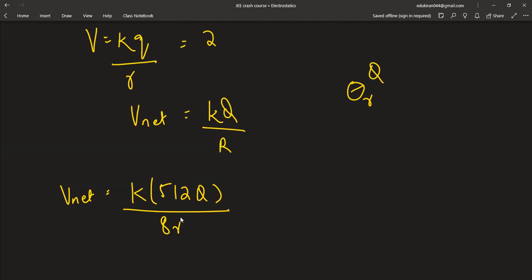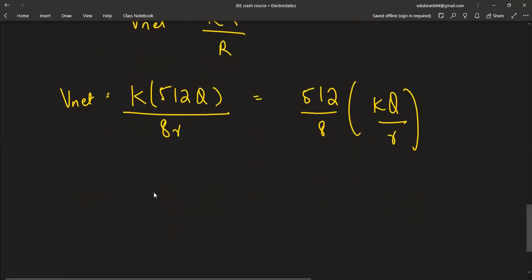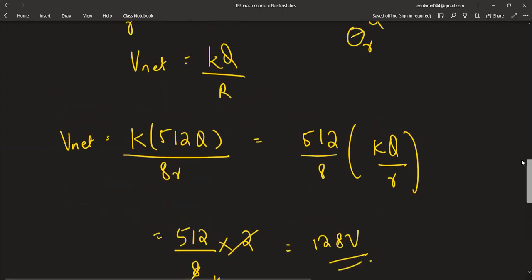So we can say, if you separate the term, 512 by 8 into kq by small r. What is kq by small r equal to? 2 volt from here. So 512 by 8 into 2. So this is 4, this is 128. This will be the answer. Write it. Then some other questions we will see.